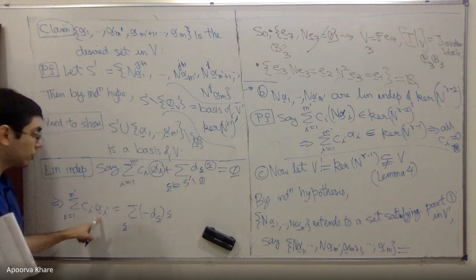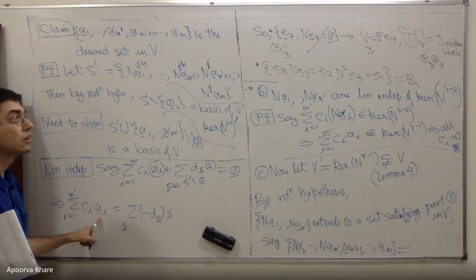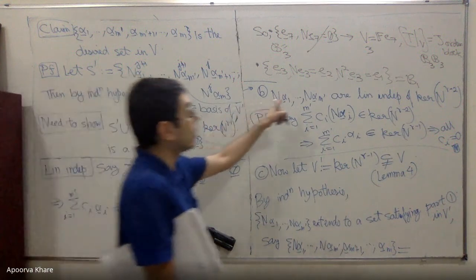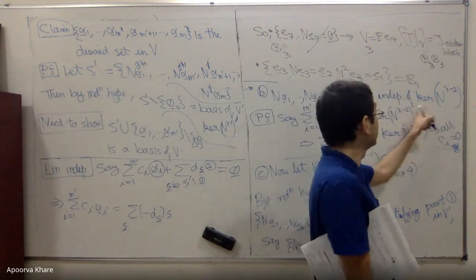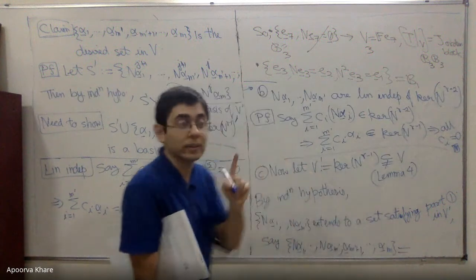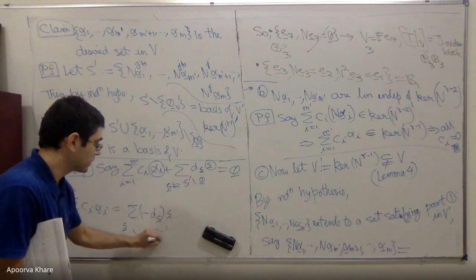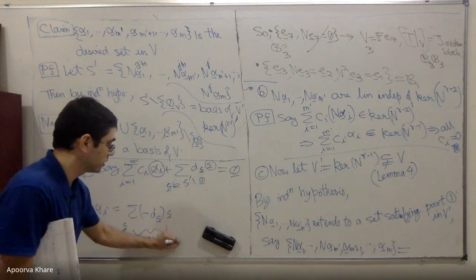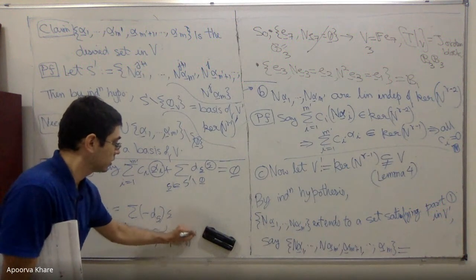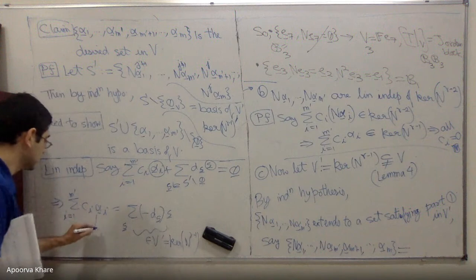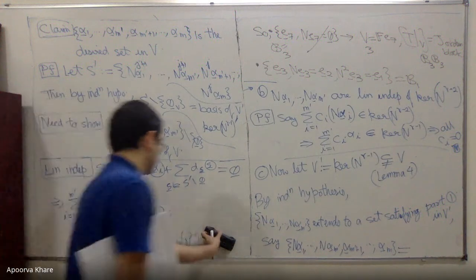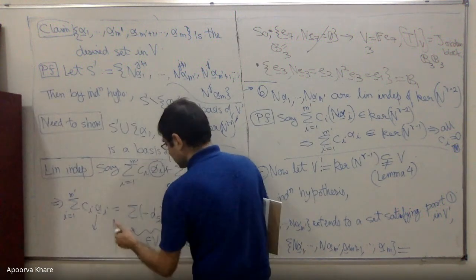But now what do we know about the original alpha i's? Those were linearly independent, so there was a maximal set linearly independent of the kernel of n to the r minus 1. And all of this is in V prime, which is the kernel of n to the r minus 1. And these guys were linearly independent of that set.